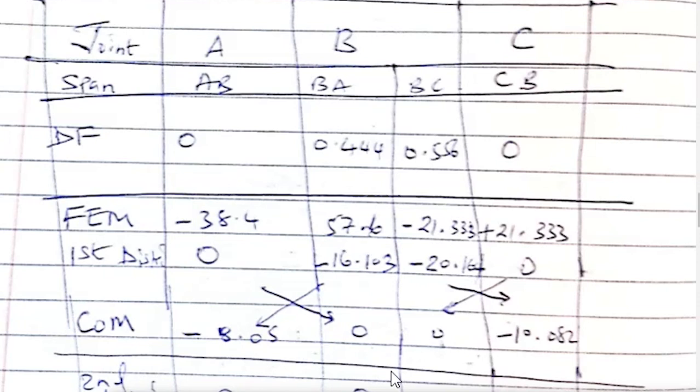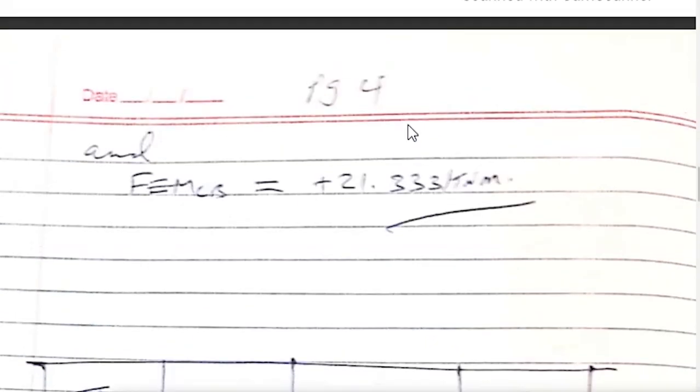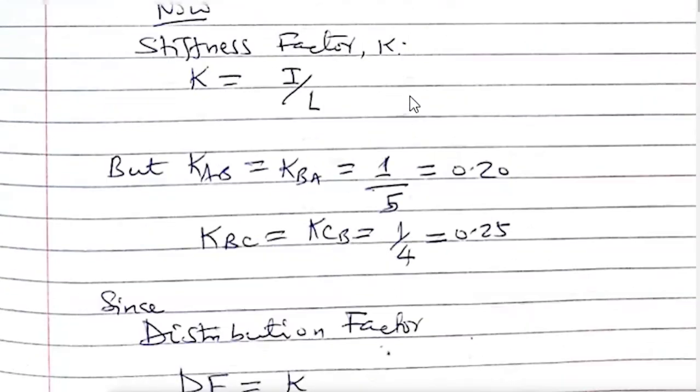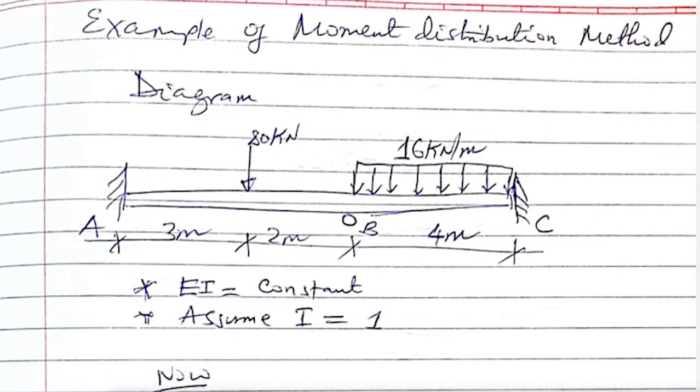Now your table is a function of joint A, joint B, joint C. Now these are obtained from the previous support. As you see, the moment distribution is a function of your joints, which are joint A, joint B, and joint C here.